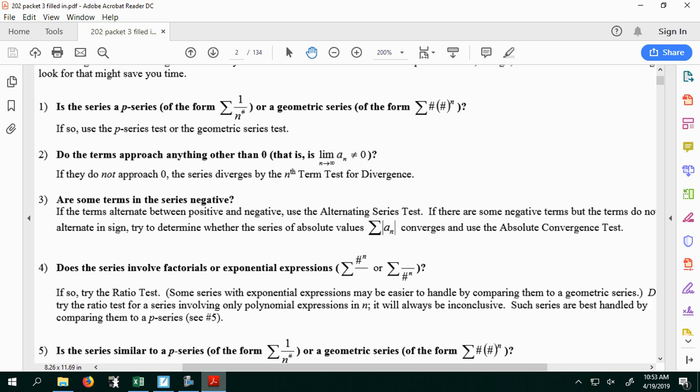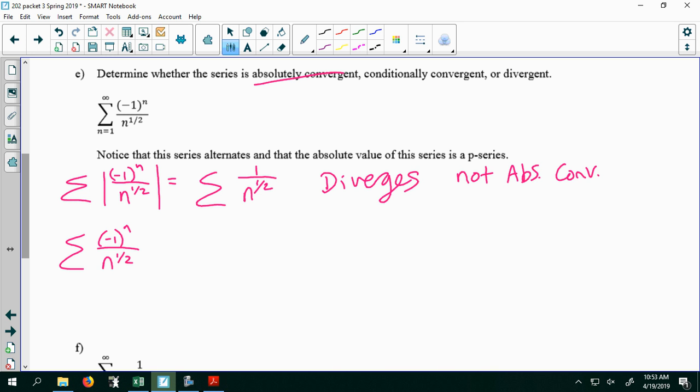No, they approach 0. Are some terms in the series negative? So we use the alternating series test to see that this converges. The terms are decreasing and going to 0 and alternating, so it converges. So the original sum converges, but its absolute value does not, so this is conditionally convergent.